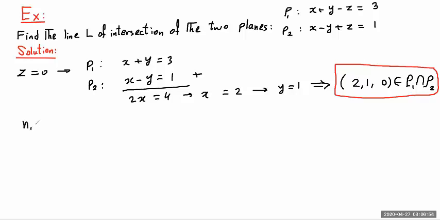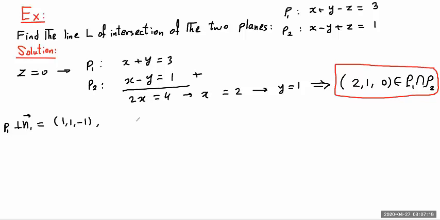orthogonal. Let's suppose n1 is orthogonal to the plane B1. So the normal vector n1 will be given by 1i plus 1j plus minus 1k.